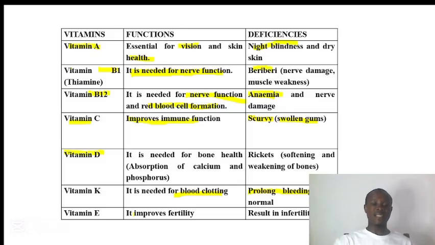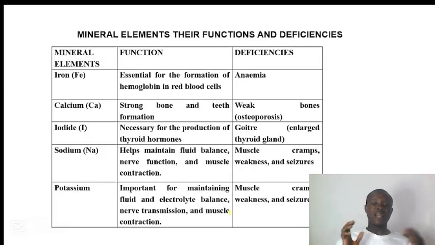And lastly, we have vitamin E that improves fertility. But if a person lacks vitamin E, in some cases, not in all cases, it can result in infertility.